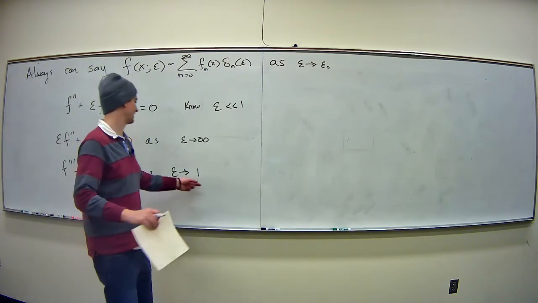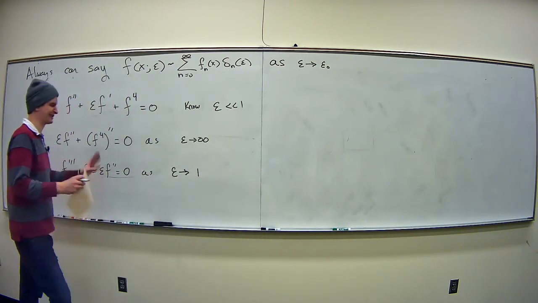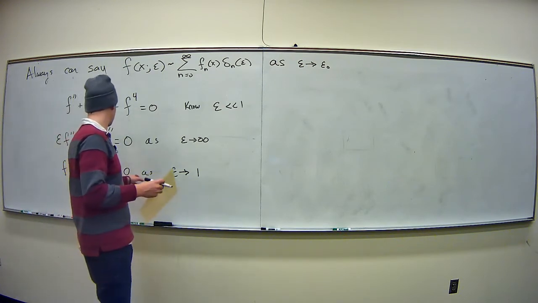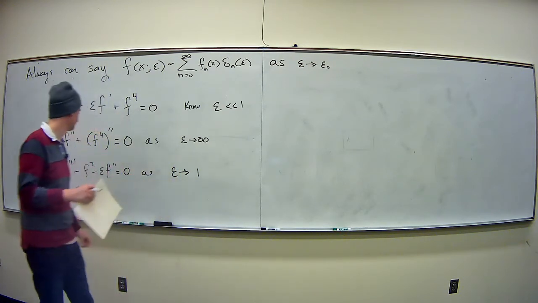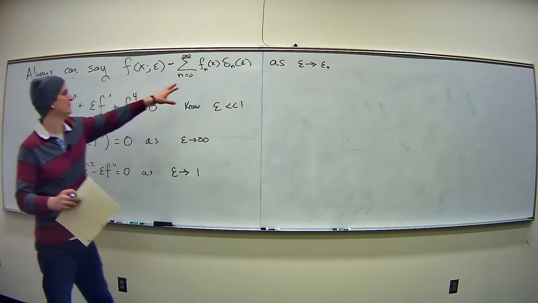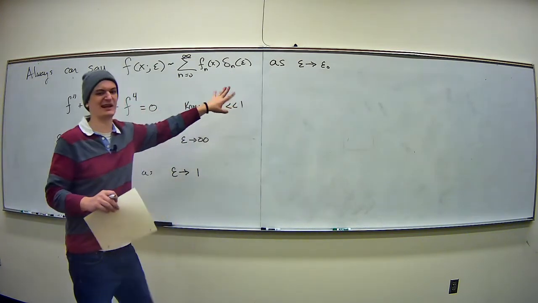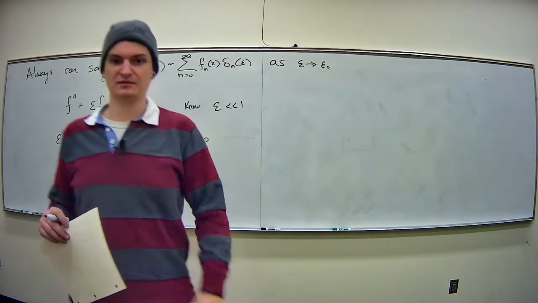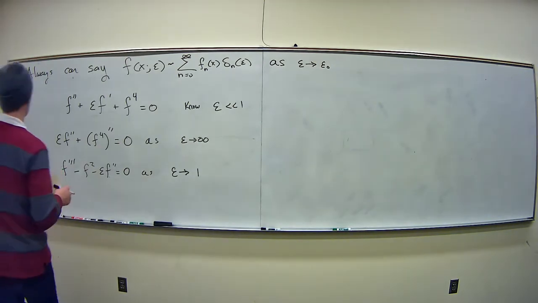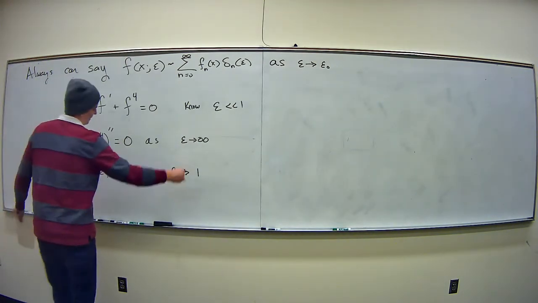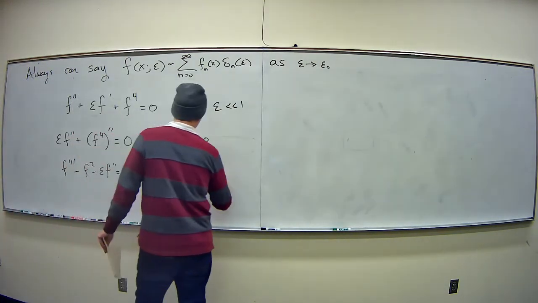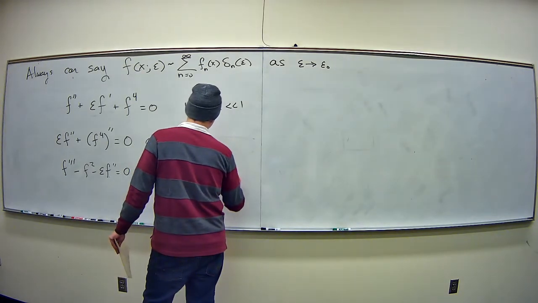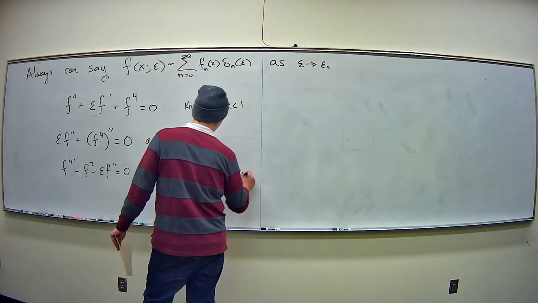You could have that epsilon is going to 1 or close to 1. It could go to some constant value as well. And this is where asymptotics does a really poor job, because you're constrained to pick that special gauge function of the power series, so it might not end up helping you. For these ones, I'll just make the gauge function that I asymptotically expand about be this.